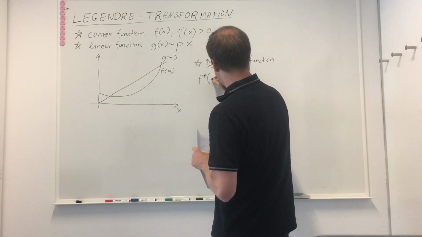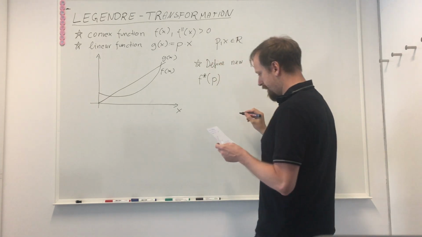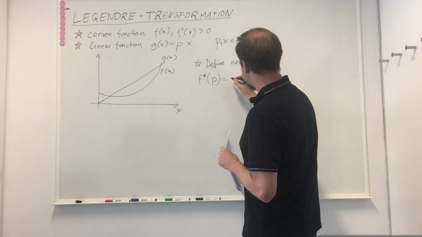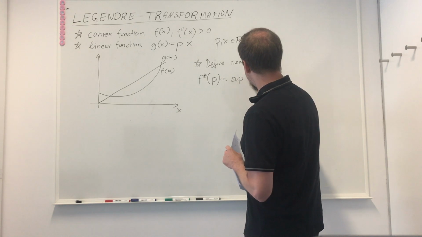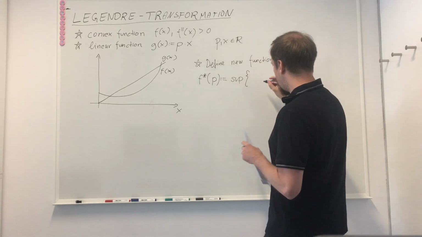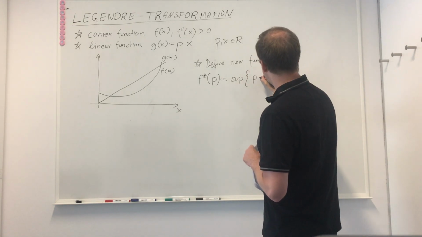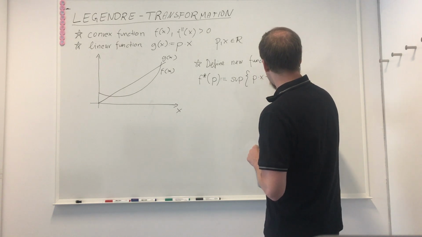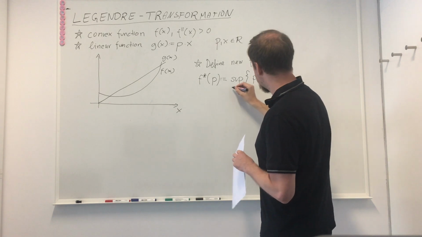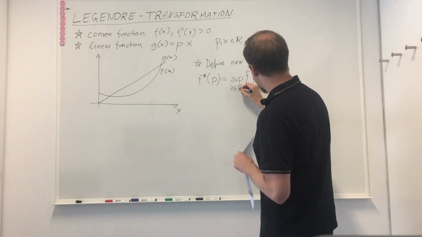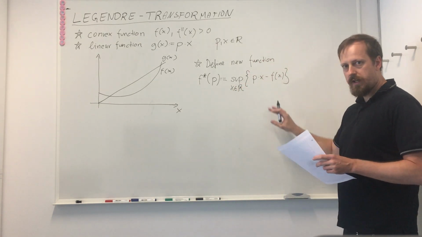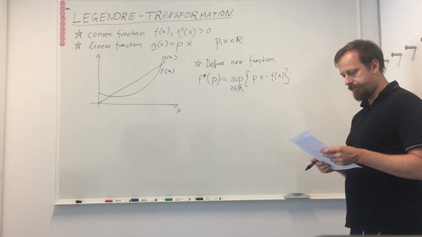F star depends on p, and it is defined as the supremum of p times x minus f of x for all x that are real numbers.